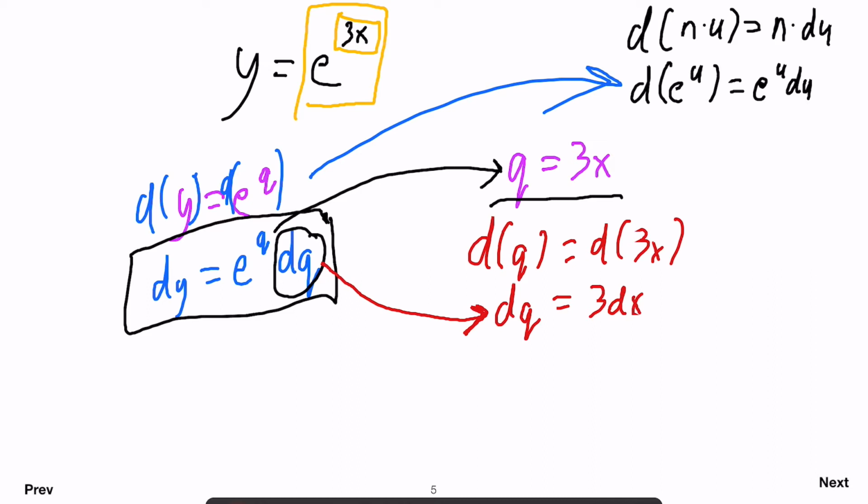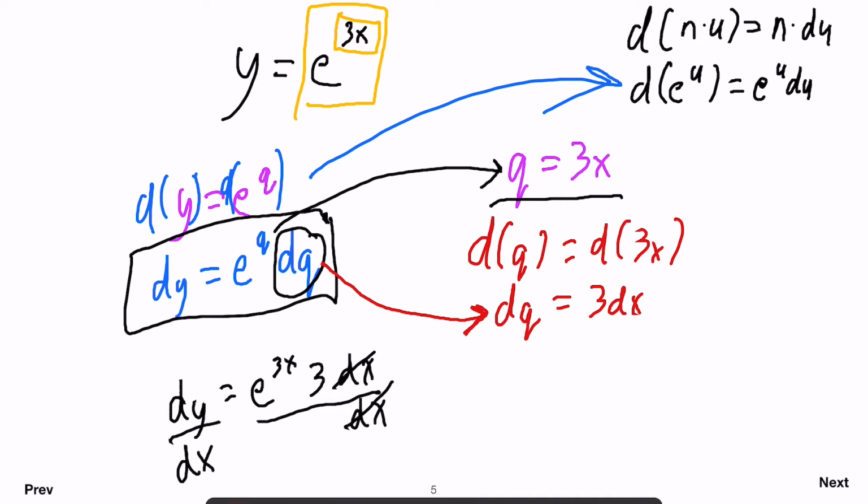So now that dq can be replaced by that formula. Our final result is dy equals e to the q, which is 3x, times dq, which is 3 dx. Now I probably want a derivative, so I'll divide both sides by dx, and that will give me dy over dx equals 3 times e to the 3x.